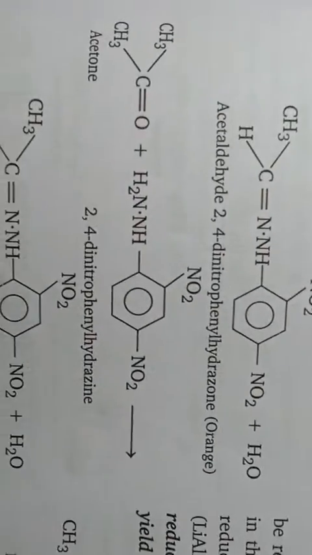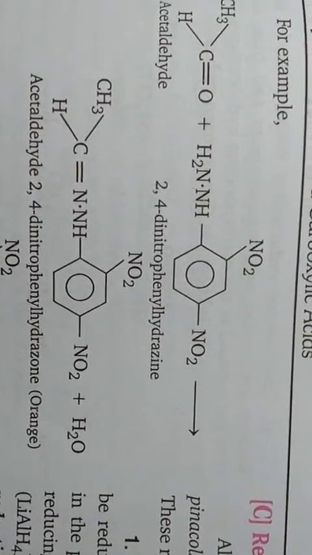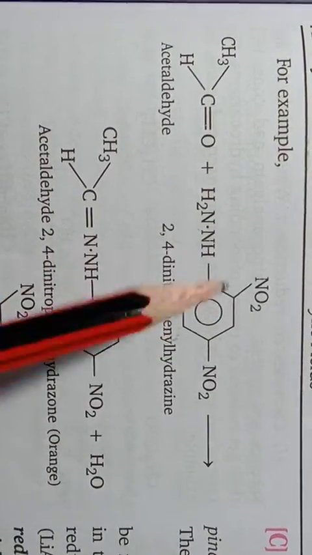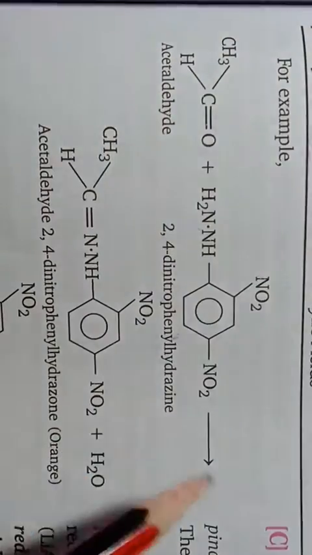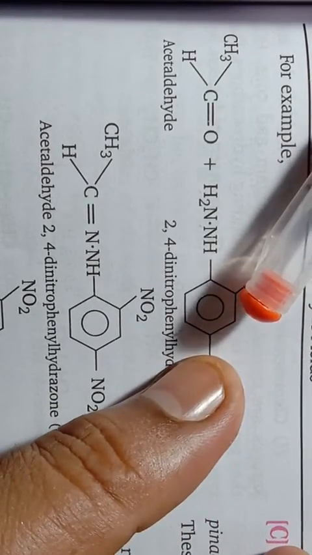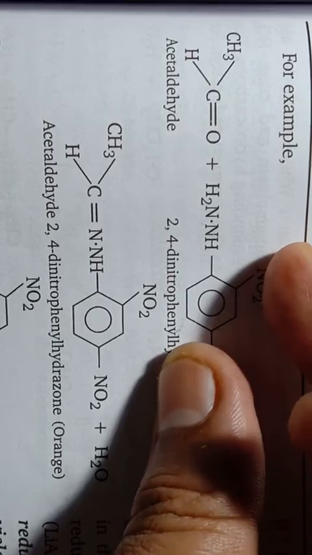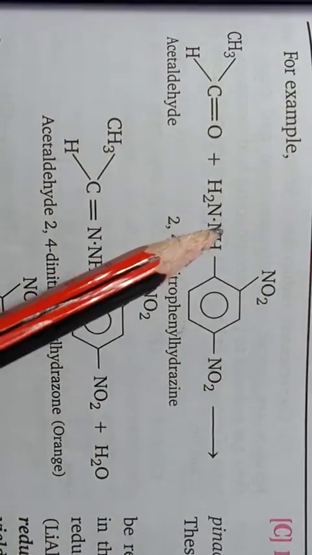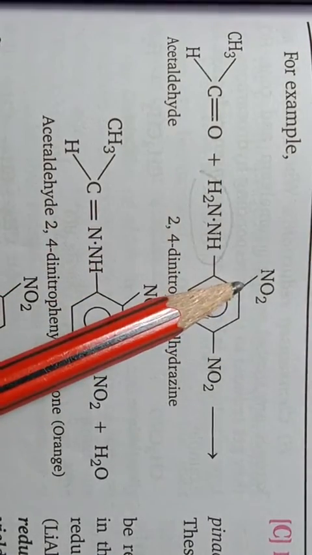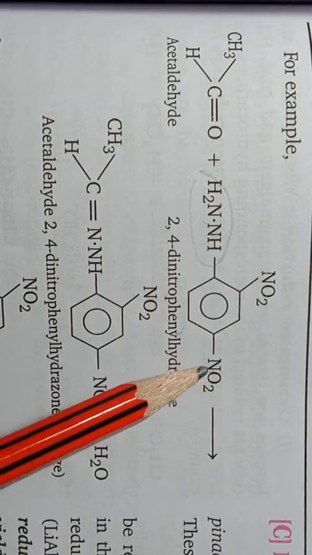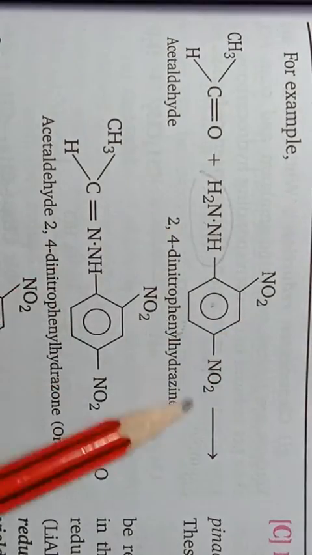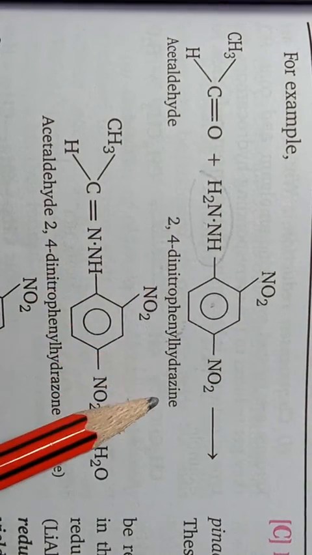This is the structure of 2,4-dinitrophenylhydrazine. If we hide these two nitro groups, this is phenylhydrazine, and with respect to this group, the second and fourth positions on the benzene ring have nitro groups. So the overall compound is 2,4-dinitrophenylhydrazine.